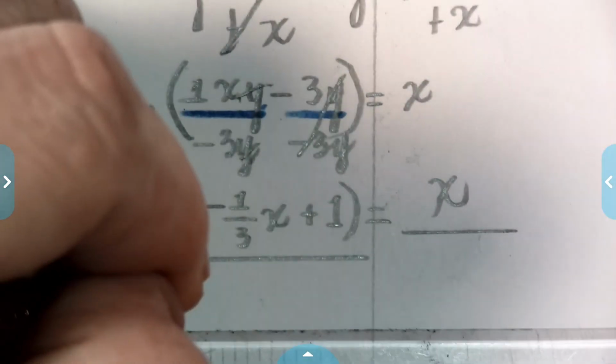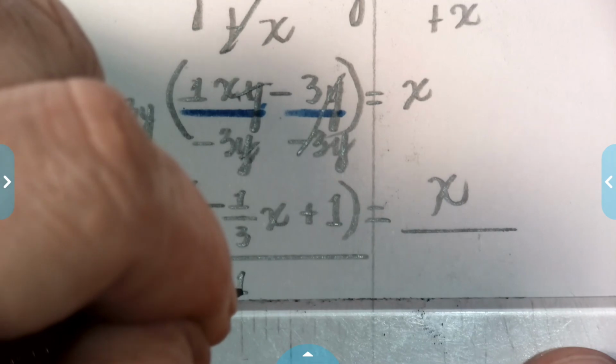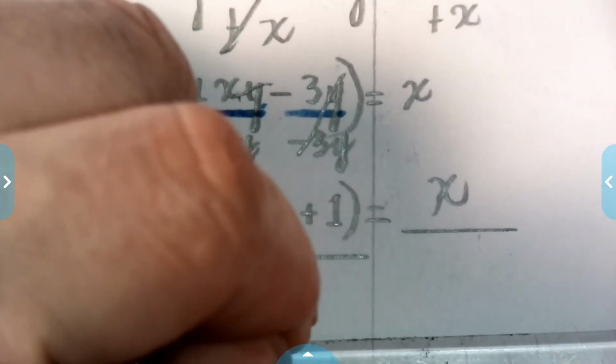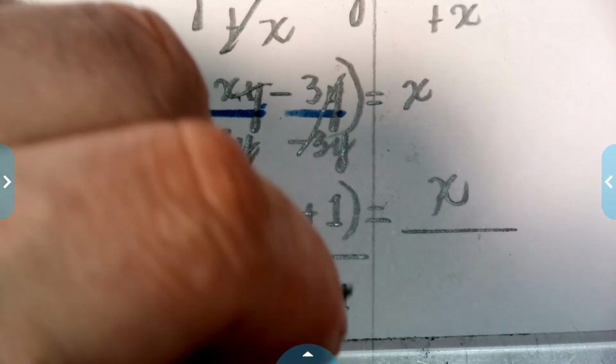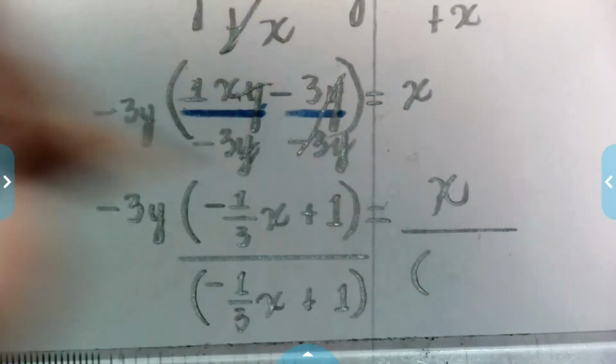And now I'm just going to divide both sides by this parenthetical expression. Okay? So let's divide both sides by negative 1/3 x plus 1 on the left and on the right, negative 1/3 x plus 1.